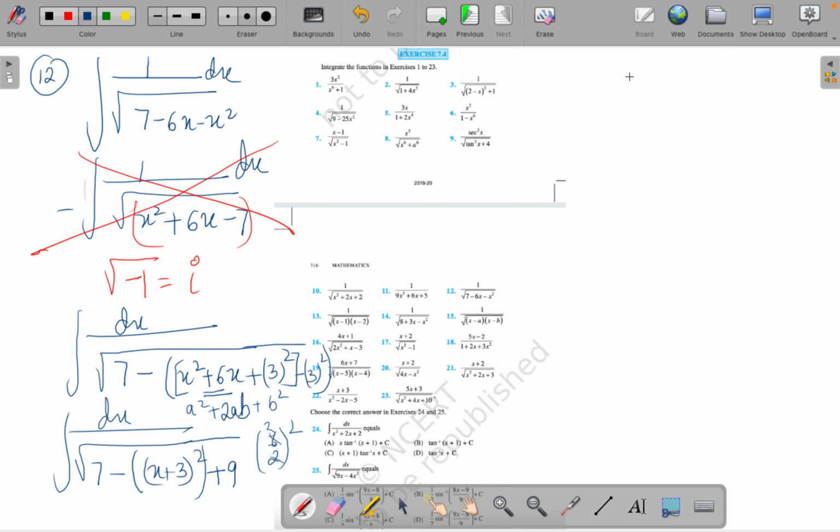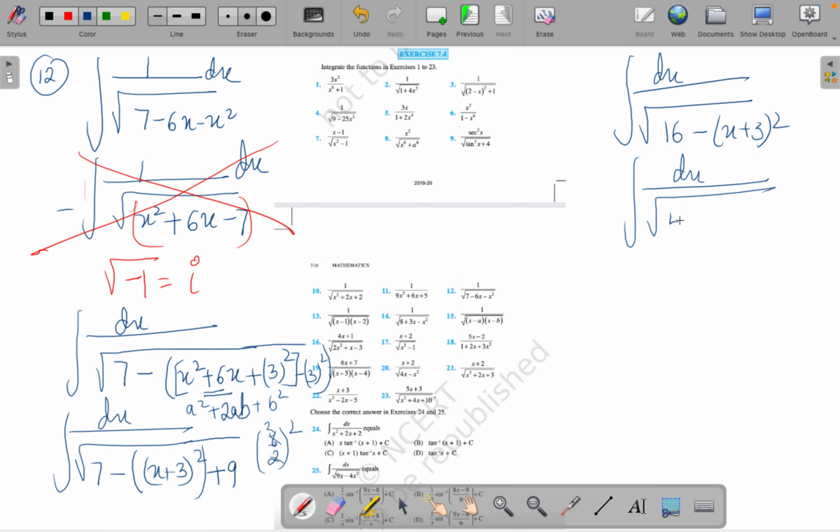So you know how to integrate now. 7 plus 9 will be 16, children, minus x plus 3 whole square. So integration of dx under root of 4 whole square minus x plus 3 whole square. And now again you can use the formula from the previous slide which I have told you.